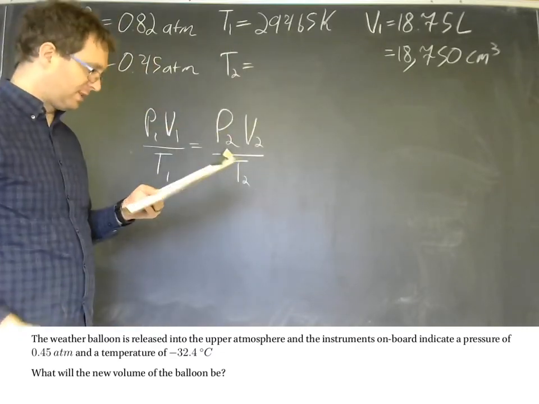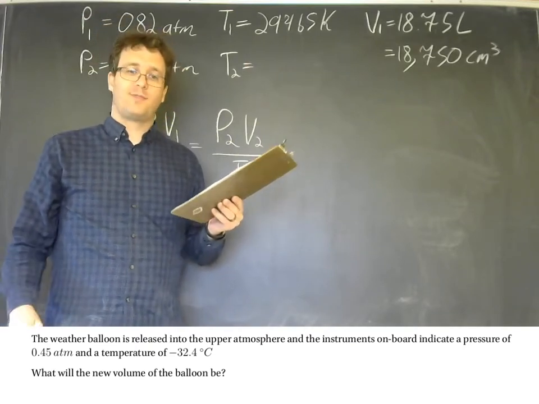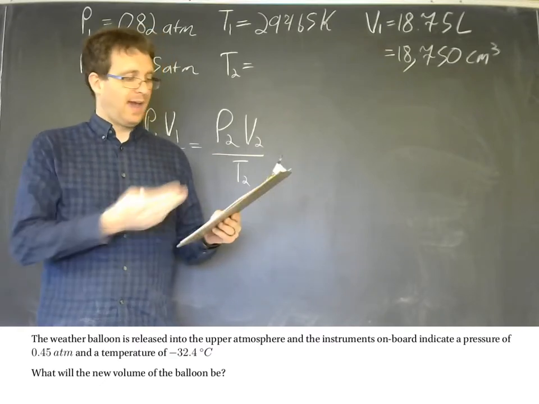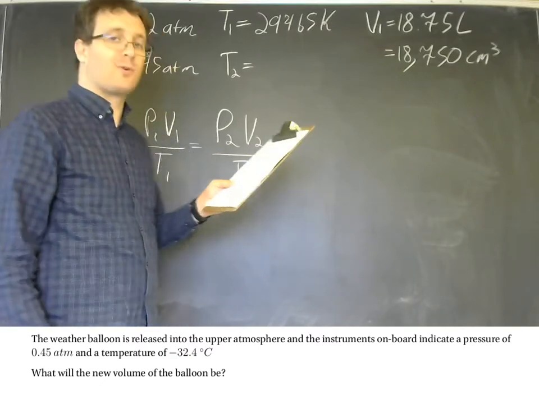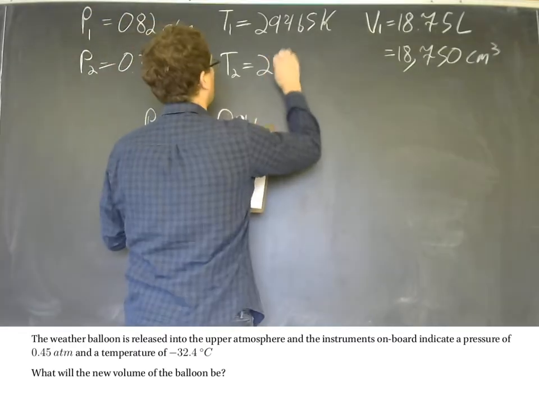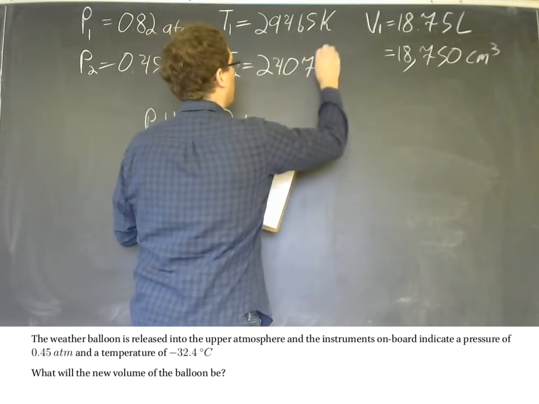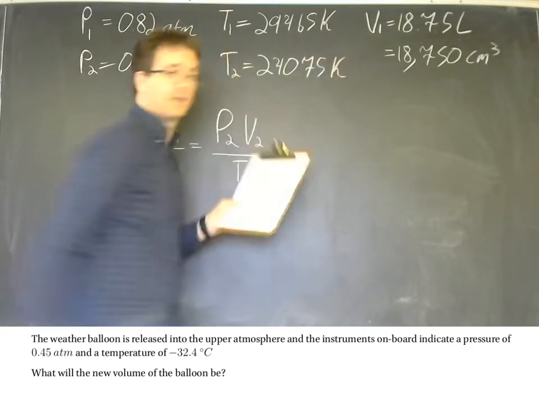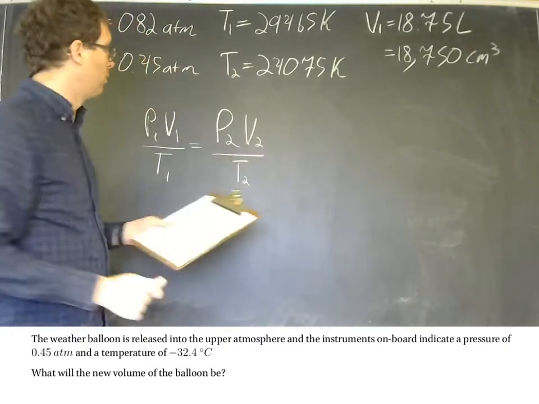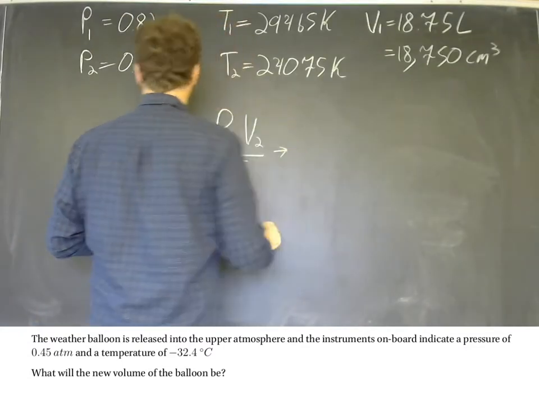T2 was negative 32.4 degrees Celsius. If I take 273.15 and I add that negative 32.4, I can convert it to Kelvin. That's 240.75 Kelvin. And V2 is our unknown.